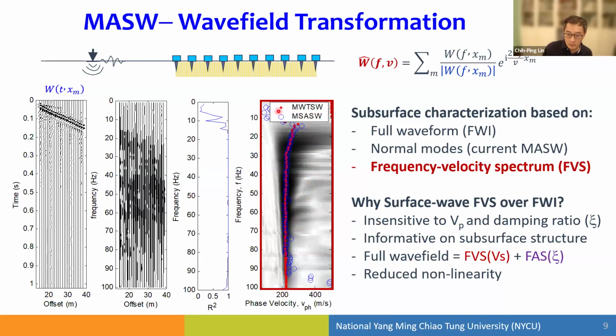And using FVS greatly reduces the inversion nonlinearity, because full waveform inversion is highly nonlinear due to cycle skipping of the oscillating wave. So there is a certain advantage of working in the transform domain.